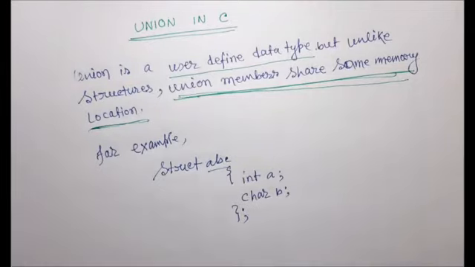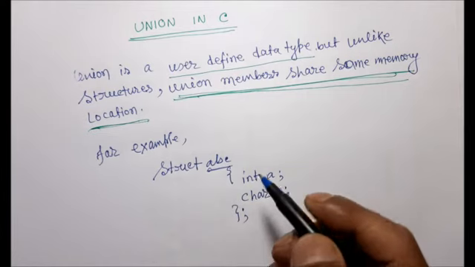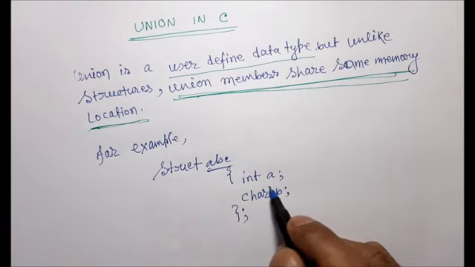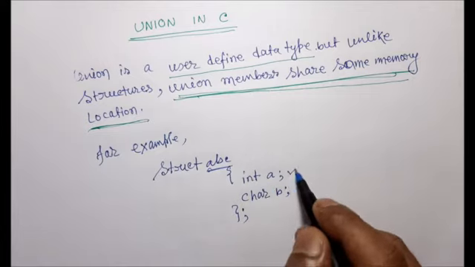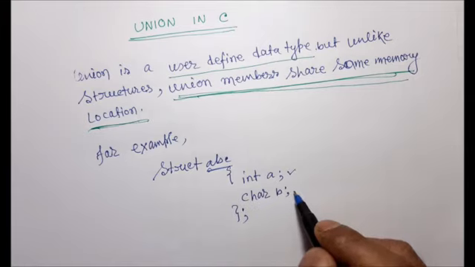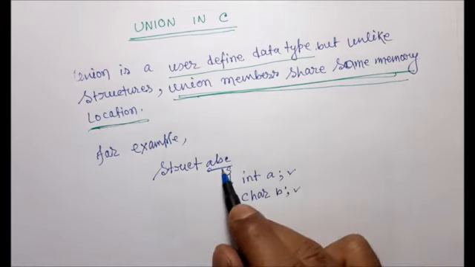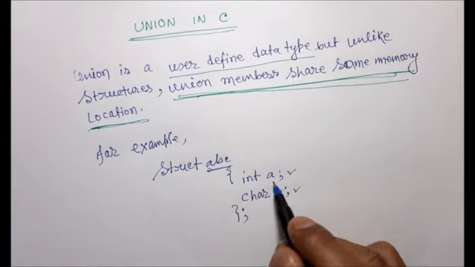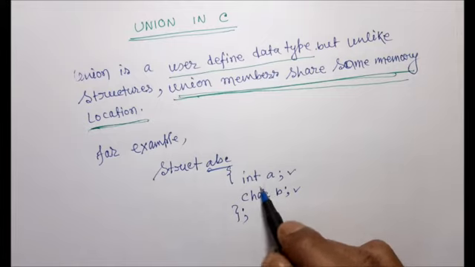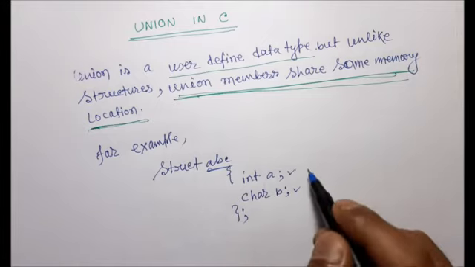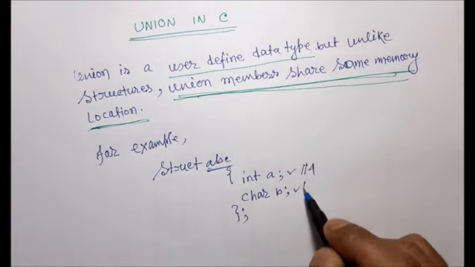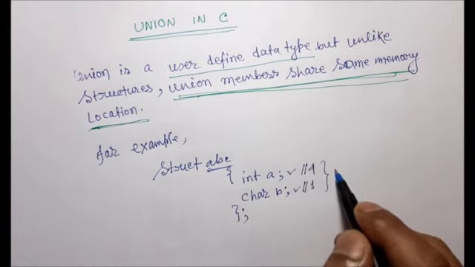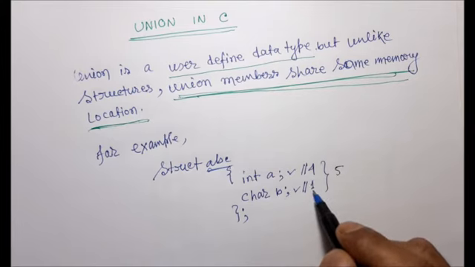In this example, the name of the structure is ABC and it consists of two members. The first member is integer A and the second is character B. So this structure ABC consists of two members, one integer, another character. The integer takes 4 bytes and the char takes 1 byte, so the total size of this structure is 5 bytes.